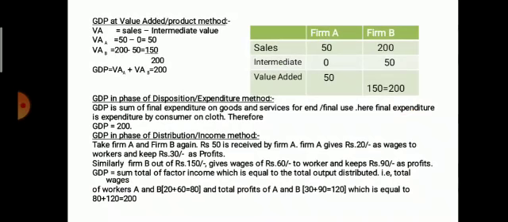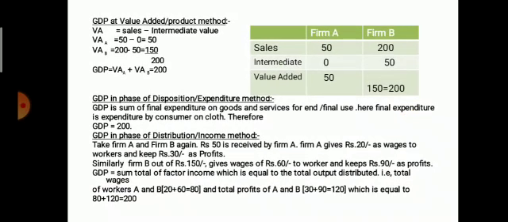See, firm A and firm B. Now GDP at value added or product method, VA stands for value added, is equal to the total sales minus the intermediate values. Now see here in the chart, the sales of firm A is 50. Intermediate goods used is 0. So value added to the GDP is 50.